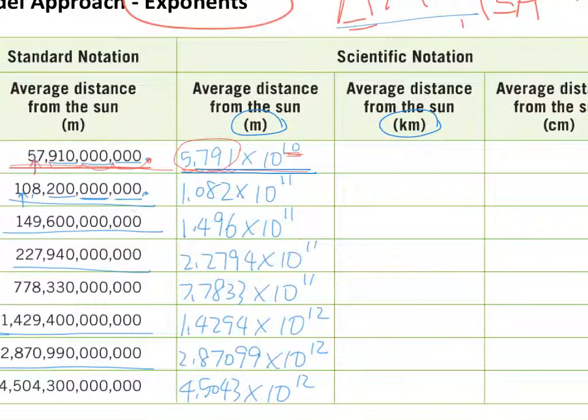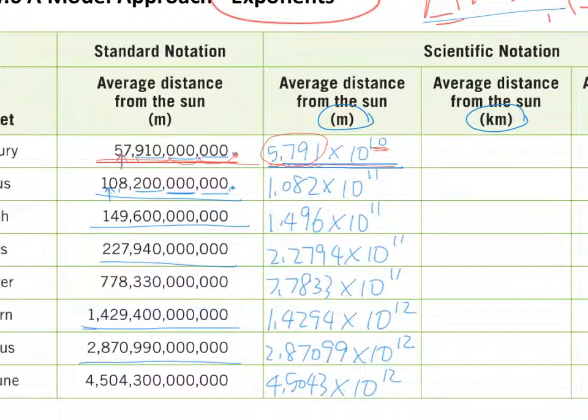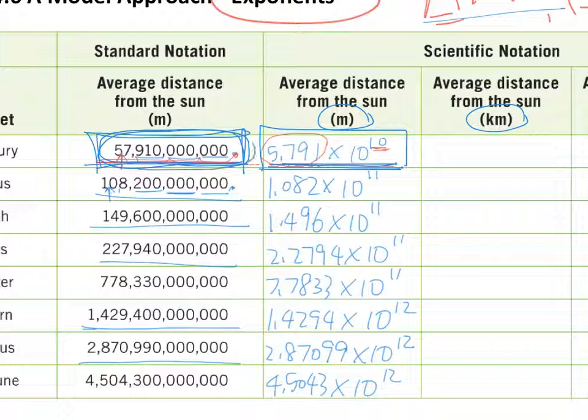We can look at this in whichever form you feel comfortable with, the scientific notation form or the standard form. The question is, how many 1,000 meters are in each of those? We're going to choose one to work with. How many 1,000 meters are in there?